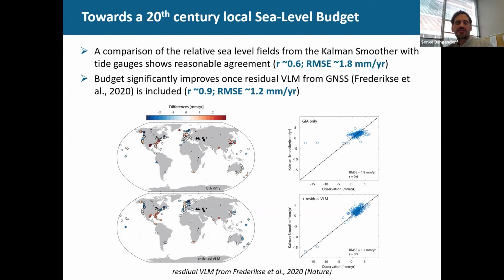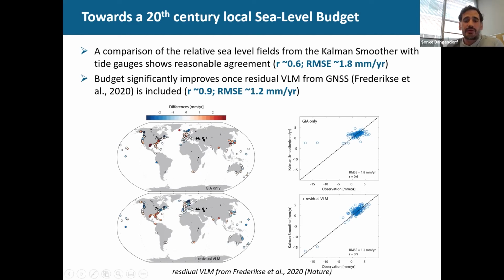They measure just the motion of the land. So we can use these estimates to get residual vertical land motion that also takes into account these other processes and correct the individual tide gauges around the world for these processes, and then compare again to our Kalman Smoother solution, which doesn't account for these processes.